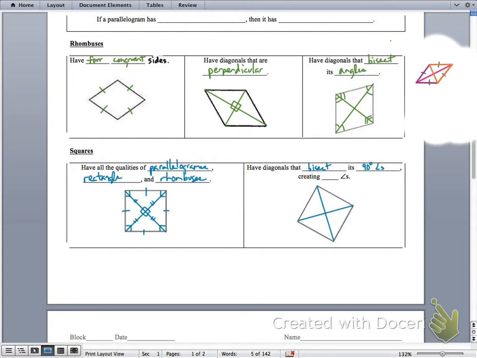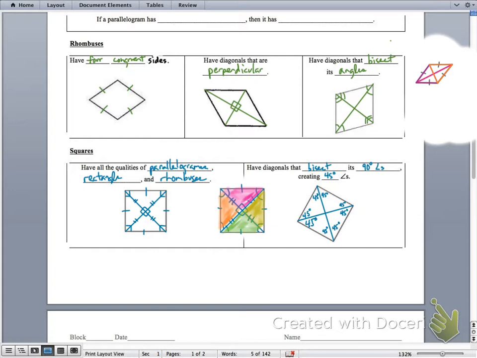Also, it's worth noting that squares have diagonals that bisect the 90-degree angles, creating 45-degree angles. So every small angle there on a square that's broken down by the diagonals is 45 degrees. So we end up with a bunch of triangles that are all congruent, where all the angles are 90, 45, and 45.